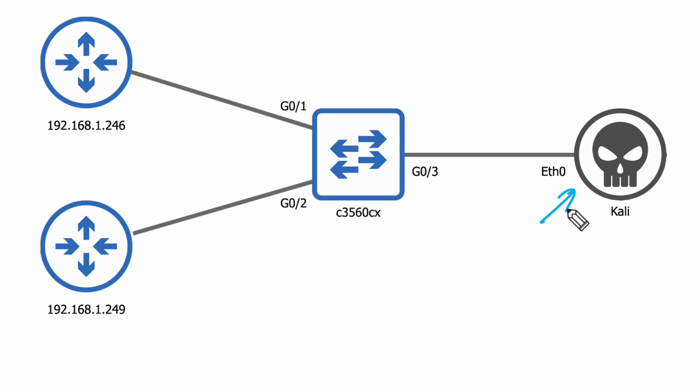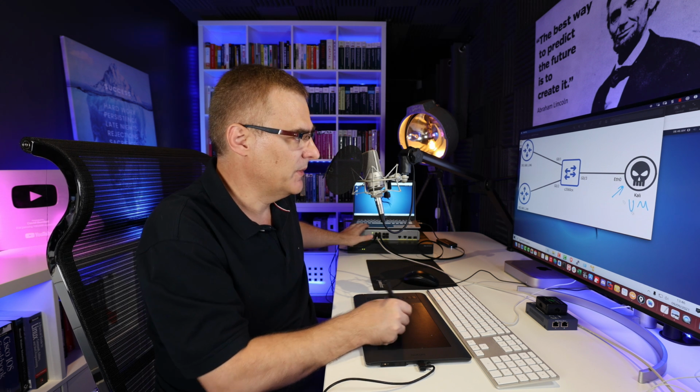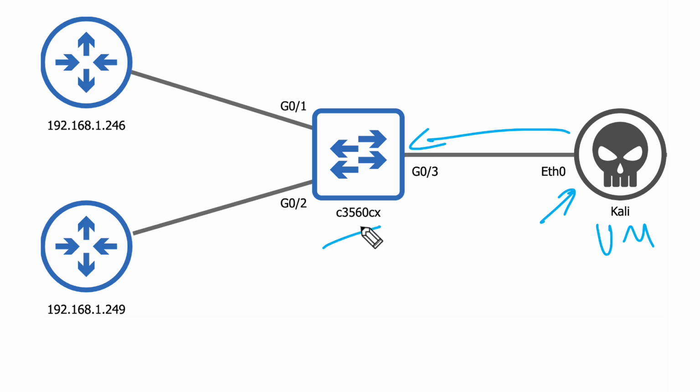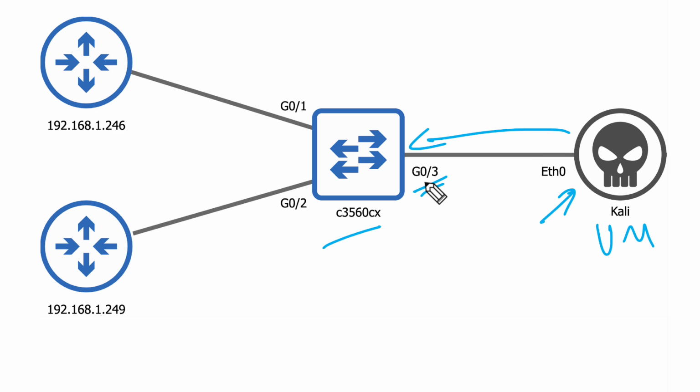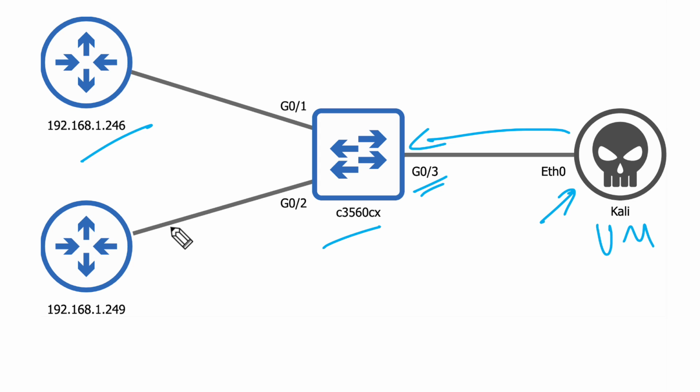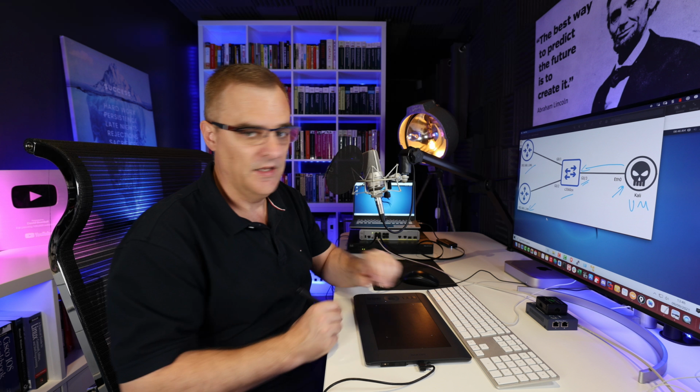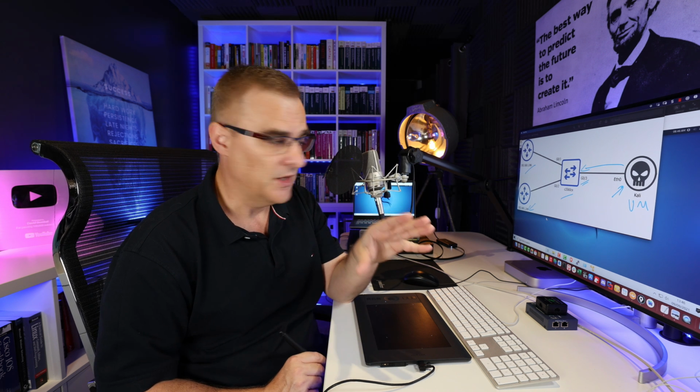Now, I've once again got Kali running within a virtual machine on this Windows laptop. It's connected to this 3560 CX switch on gigabit 0/3. I've also got two Cisco routers, one over here with IP address 192.168.1.246, and this router 192.168.1.249 is actually my router to get to the internet.